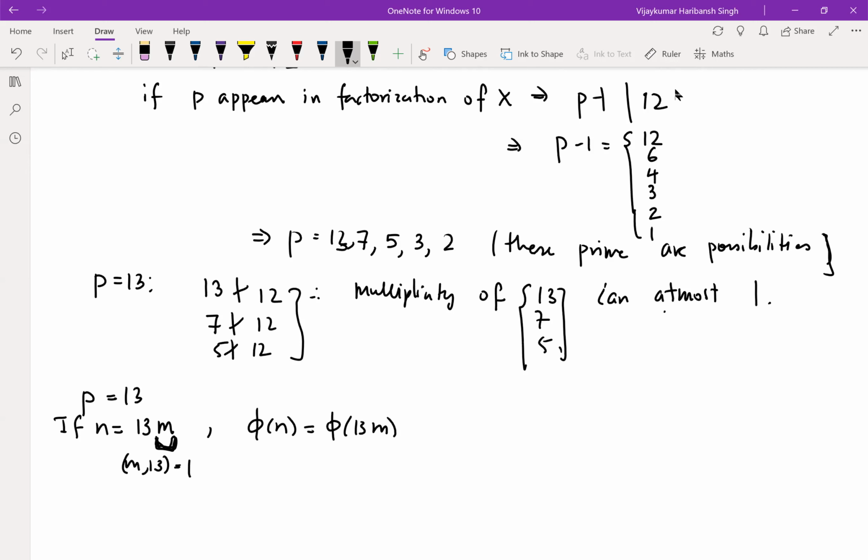So this is the same as phi of 13 times phi of m, because phi is a multiplicative function. So that is equal to 12 times phi of m.